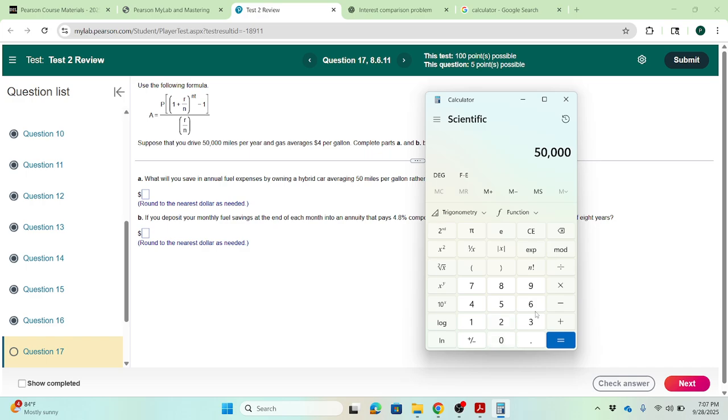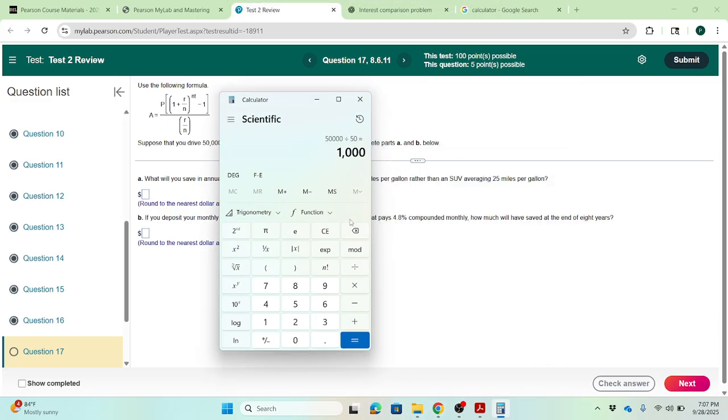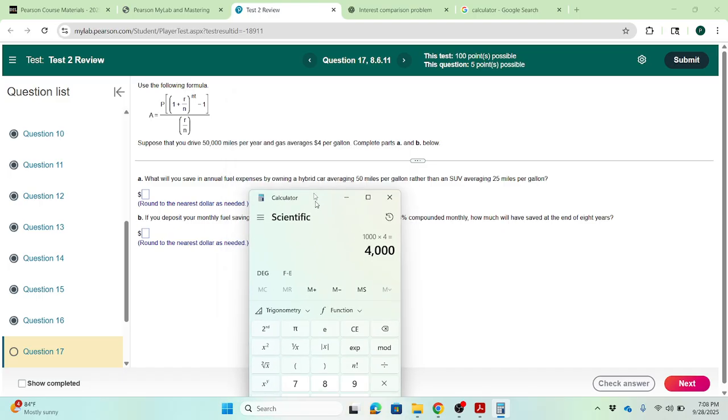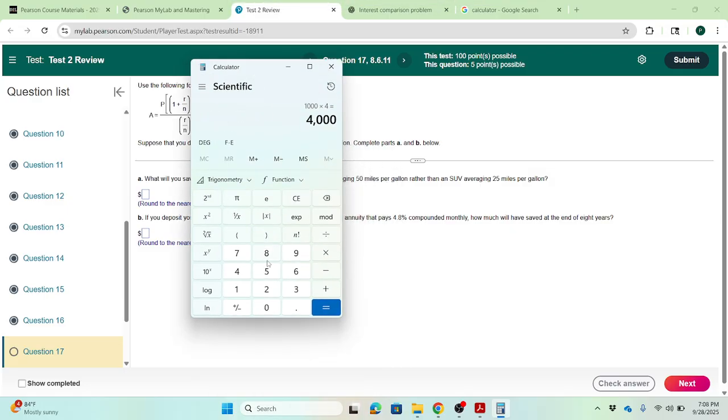50,000 divided by 50 is 1,000 gallons, which costs you 4,000 because 1,000 gallons times 4 is 4,000. But if you use an SUV, it's 50,000 divided by 25 miles per gallon, which takes 2,000 gallons.